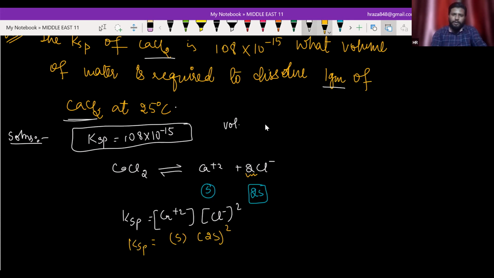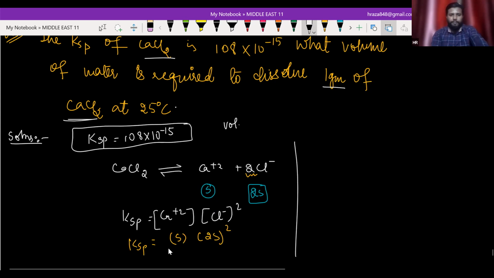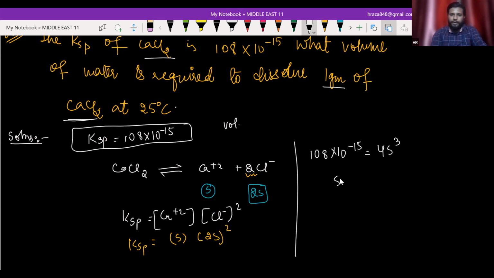Since the value of KSP is given, we have KSP equal to 108 into 10 raised to the power minus 15, which will be equal to 4S cubed.